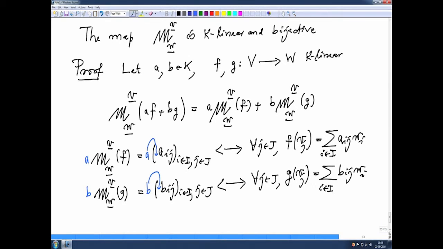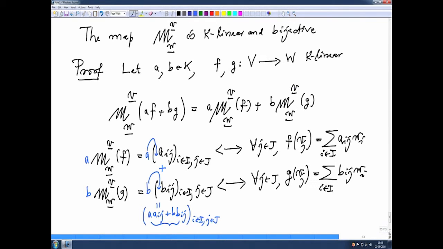And then I have to know what this matrix is and how I add the entries. So, if I have to do this addition, this is nothing but the ijth entry will be A times A_ij plus B times B_ij, and this is i in I and j in J. That is the ijth entry of the right side.